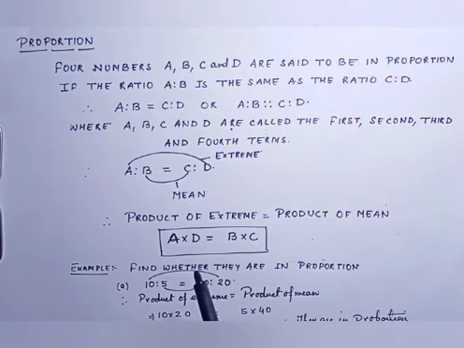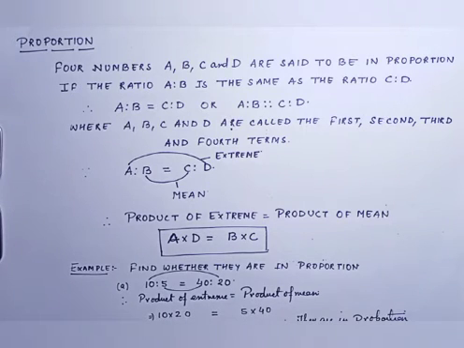Let us see one example to make your concept more clear. Find whether they are in proportion or not. Here two ratios are given to you, that is 10 is to 5 is equal to 40 is to 20. The same rule, product of extreme is equal to product of mean, we are going to apply.